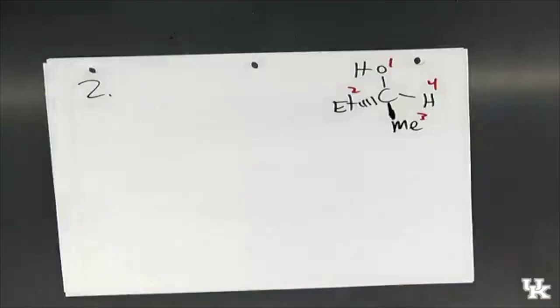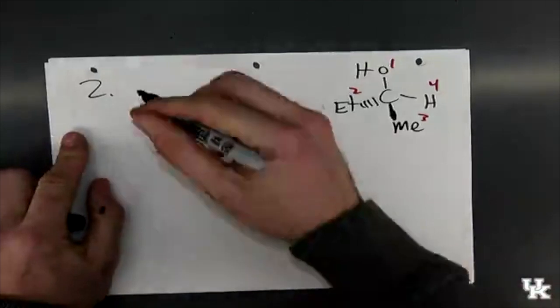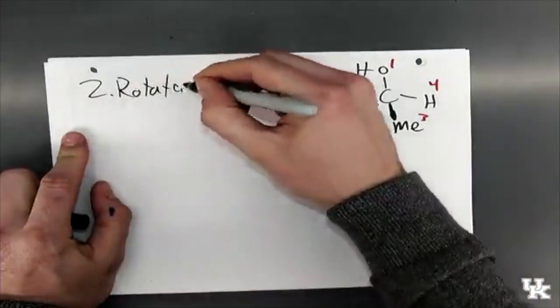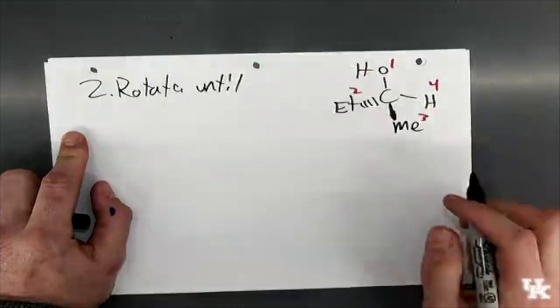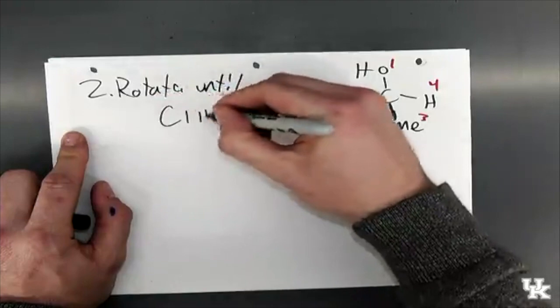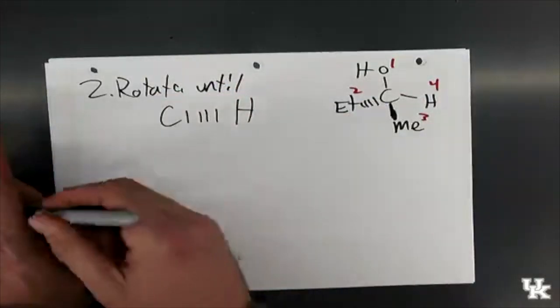The hydrogen must be on the dash. It has to be away from you, if you can imagine it. So your job is to rotate until you have carbon hydrogen somehow.